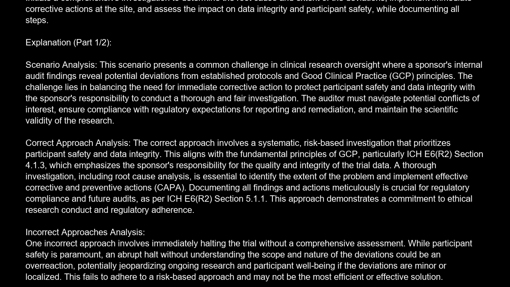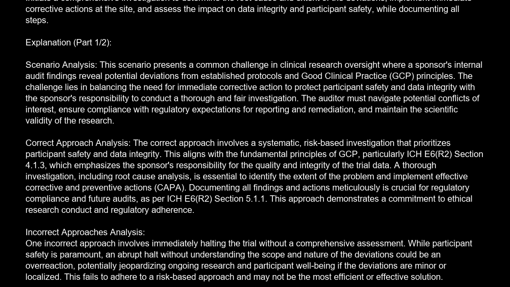Correct approach analysis. The correct approach involves a systematic, risk-based investigation that prioritizes participant safety and data integrity. This aligns with the fundamental principles of GCP, particularly ICH E6 R2 Section 5.1.3, which emphasizes the sponsor's responsibility for the quality and integrity of the trial data.